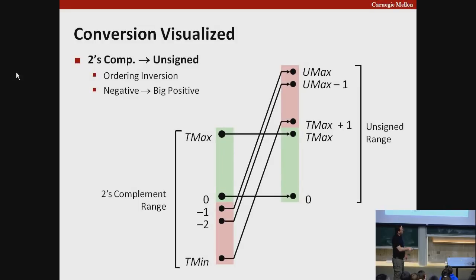So if I take a look at my most negative number, that's a 1 with all zeros. That's going to be immediately above my 2's complement maximum. Why? My 2's complement maximum is 1, 1, 1. One past that is 1, 0, 0, 0. Okay?